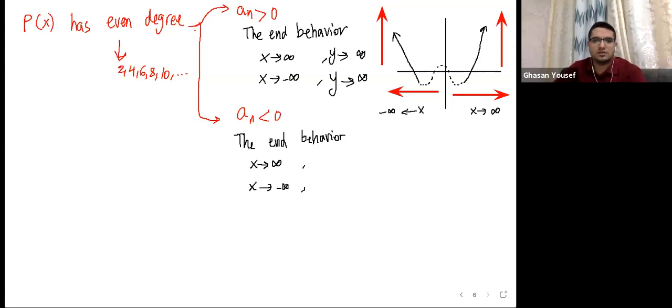So when x goes to positive infinity, the y goes to what? When x goes to positive infinity, the y will go to minus infinity. And the same thing when x goes to minus infinity, the y goes to minus infinity. And the graph of this one is this.